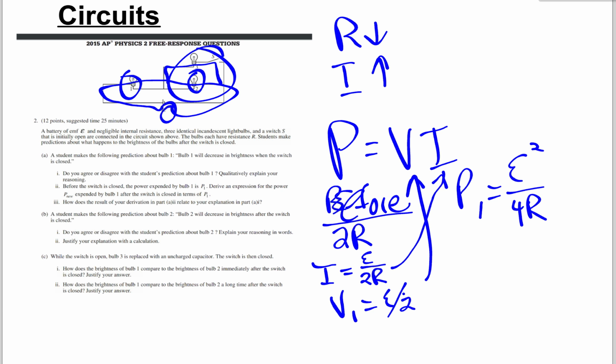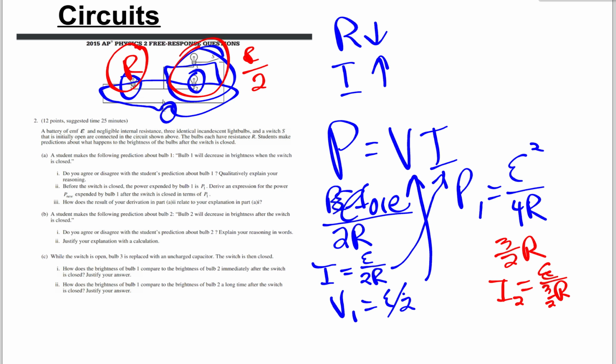Now for P2, we're changing things up a bit. Now the resistance of this one is R over 2, and this one is still R. So the total resistance is going to be 3 halves R. So the total current I2 is E over 3 halves R. The voltage is not going to be split 50-50, because this is a bigger R than this one.